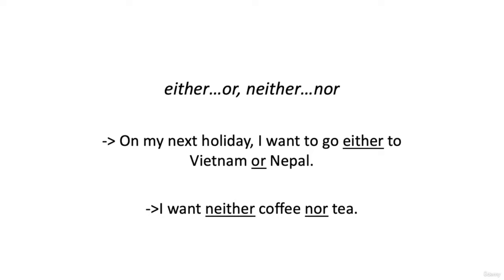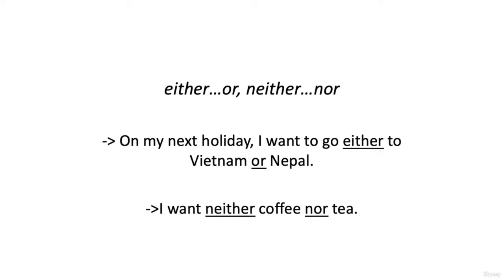However, the alternatives must belong to the same category of word, for example, two nouns or two verbs. We use either or for positive choices and neither nor for negative choices.